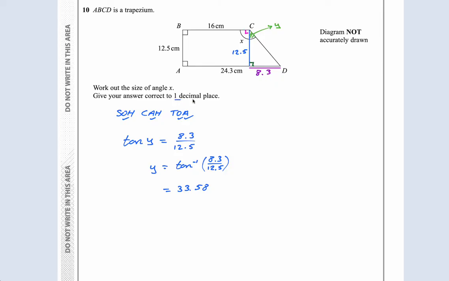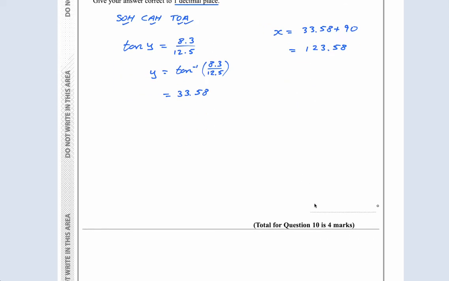It does say 1 decimal place, but I'm not done. That's angle y. X is this full angle, so angle X is equal to 33.58 plus 90. I have to add on that 90, which is 123.58, and then to 1 decimal place, it's 123.6 degrees.